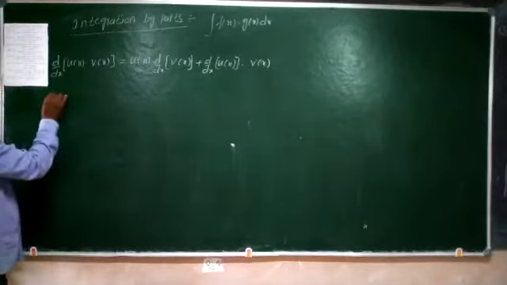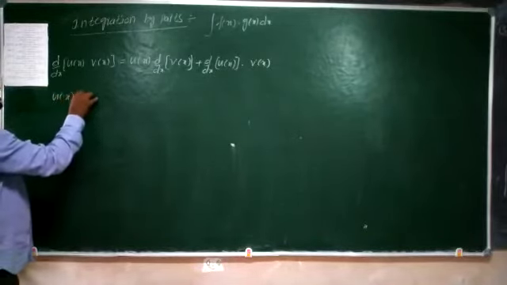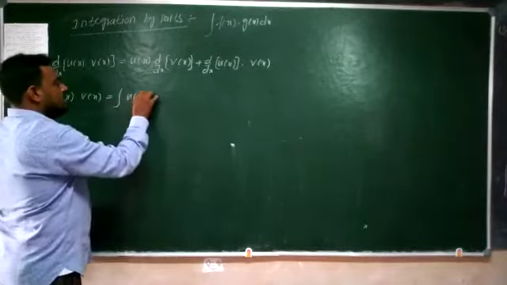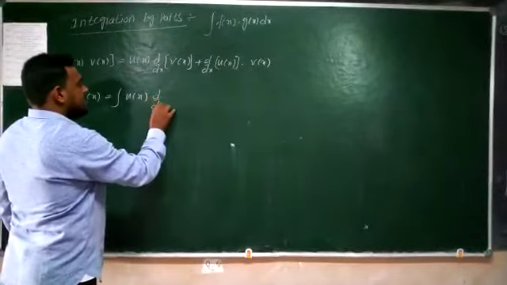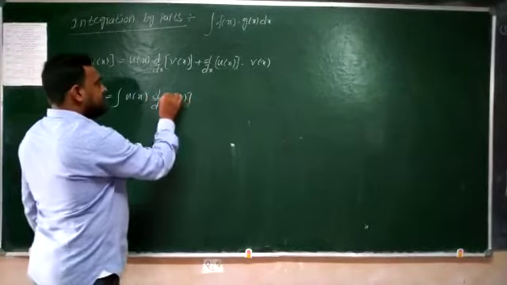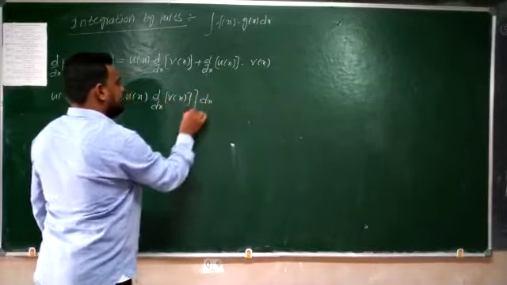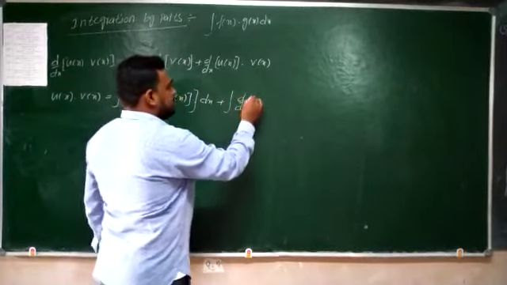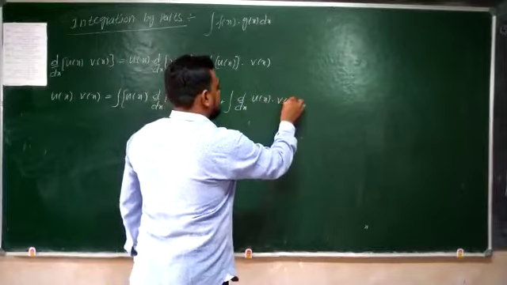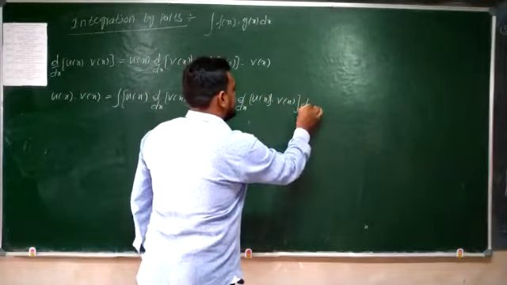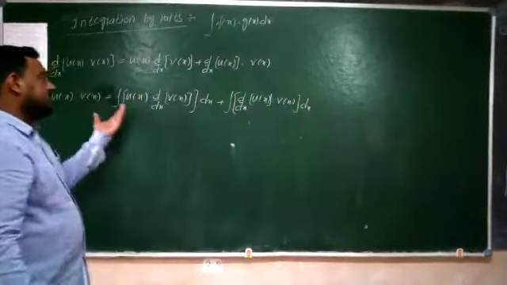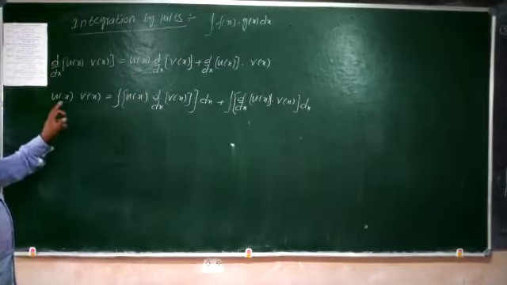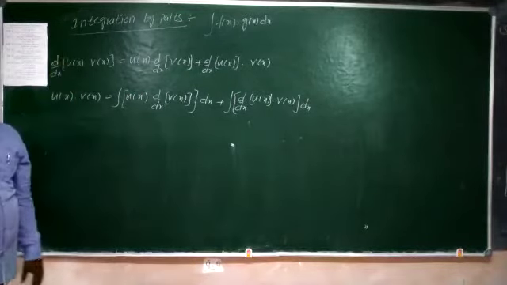On the left side, integration and derivative cancel, giving u of x into v of x, which equals integration of u of x into d by dx of v of x dx, plus integration of d by dx of u of x into v of x dx. I apply integral on each term.